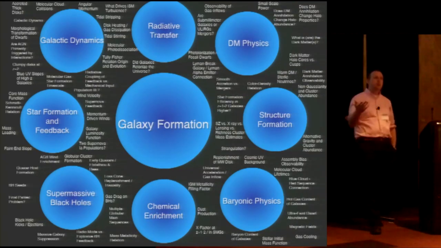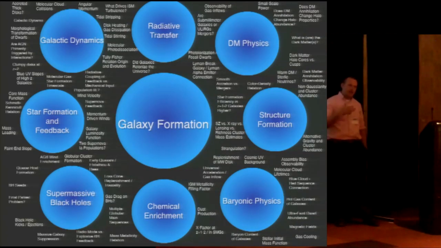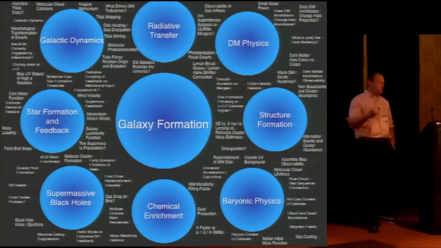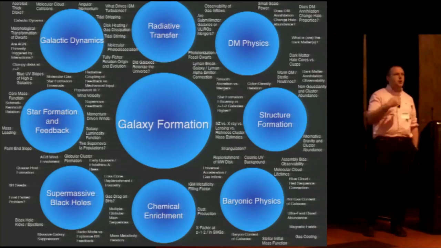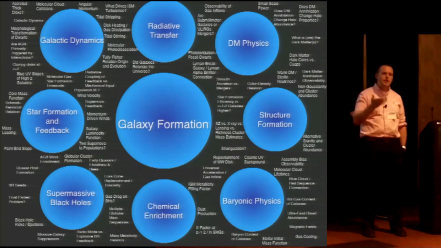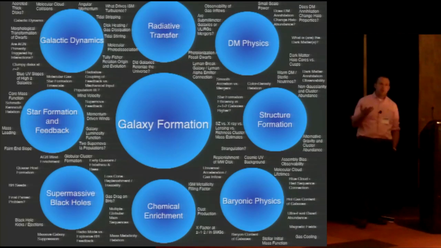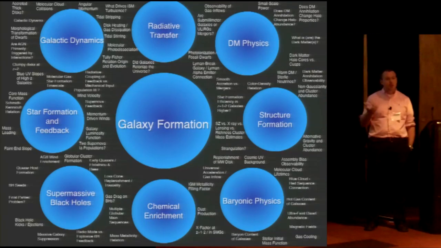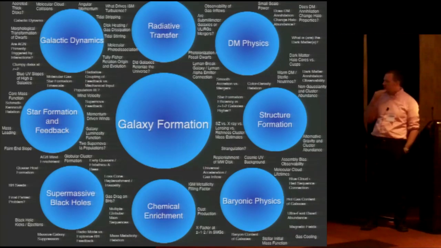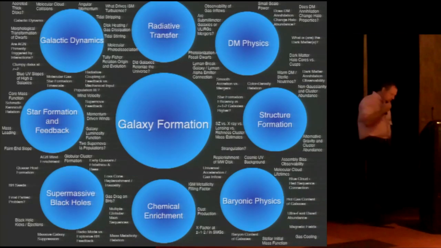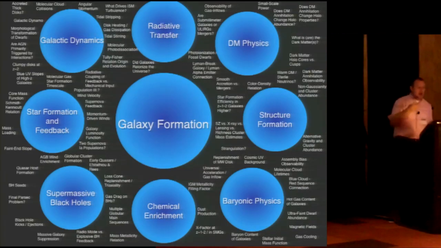Stars can go off as supernovae and heat the surrounding gas, which has some feedback effect on the surrounding material. Supernovae can leave behind black holes that then can grow to form extremely massive black holes. We call them supermassive black holes. Those too can have feedback effects that disrupt gas in the galaxy. I'll show you some of these other physical processes as I go on.